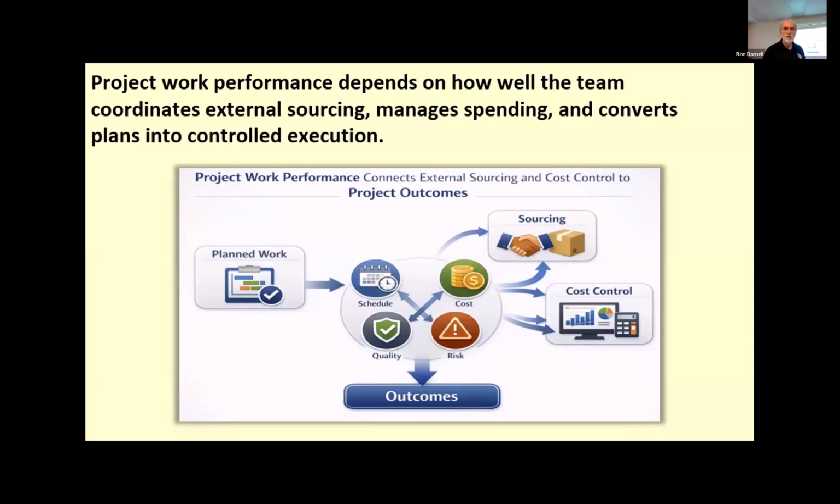We'll look at external procurement, or what we call sourcing now, and cost performance. The reason these belong together is that they both directly shape our ability to deliver outcomes. We have to buy materials, buy resources, and produce outcomes.